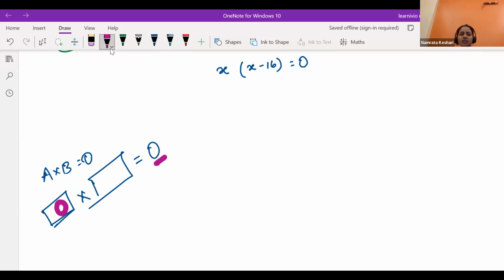In the second box, any number, 32, 24, 2000, 2 lakh, 1000, 124, any number can be there, but if in the first box there is a 0, multiplied with any number the result is 0. Okay, so I'm writing the possible cases over here. Maybe the first number is 0.